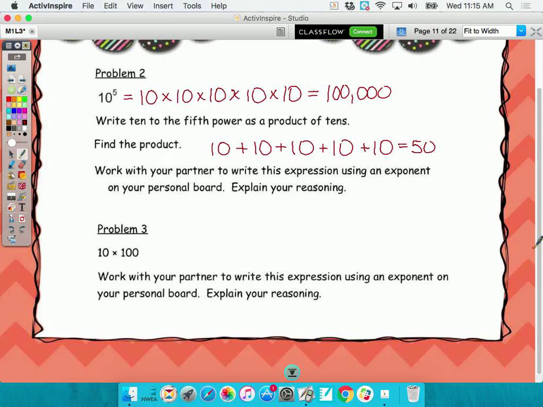Okay, so what I want you to do is substitute. We're not going to call this 10 to the 1st power, okay? But I want you to substitute a power of 10 for that number and rewrite the problem. So I want you to write 10 times 10 to the blank power.